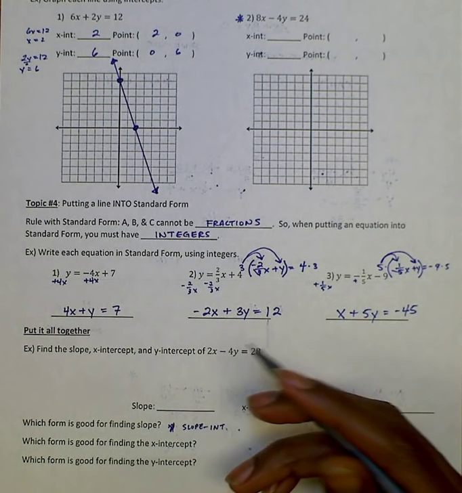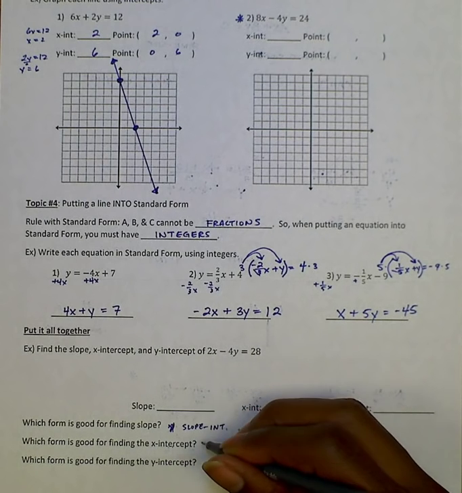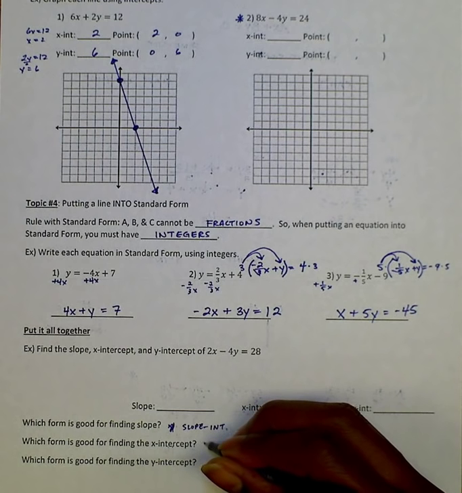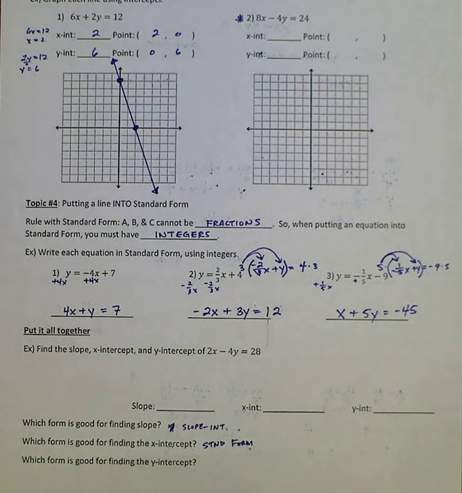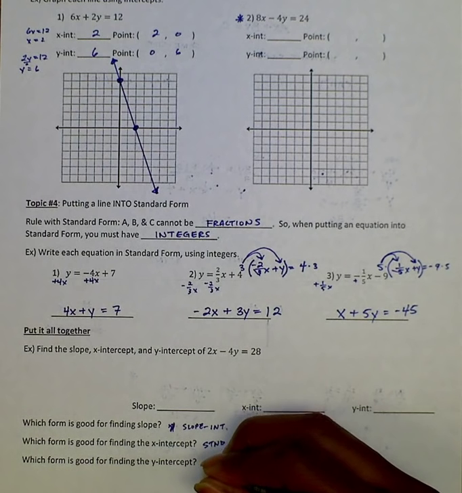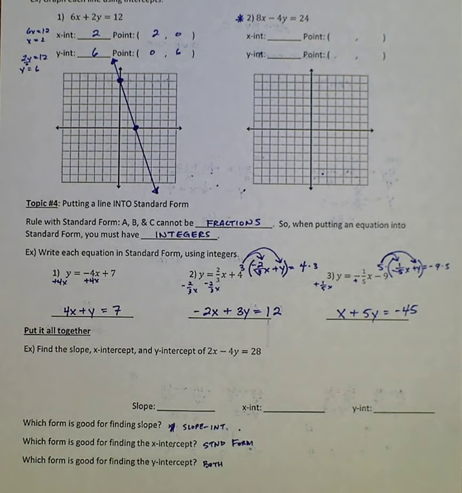Which form is good for finding the x-intercept? Well, that is standard form. Okay, and which form is good for finding the y-intercept? I'll say both. Both of them are pretty good for finding the y-intercept. Maybe slope-intercept form just a little bit more, just because y is by itself already, but it's easy enough to find in either form. So, let's answer these questions.